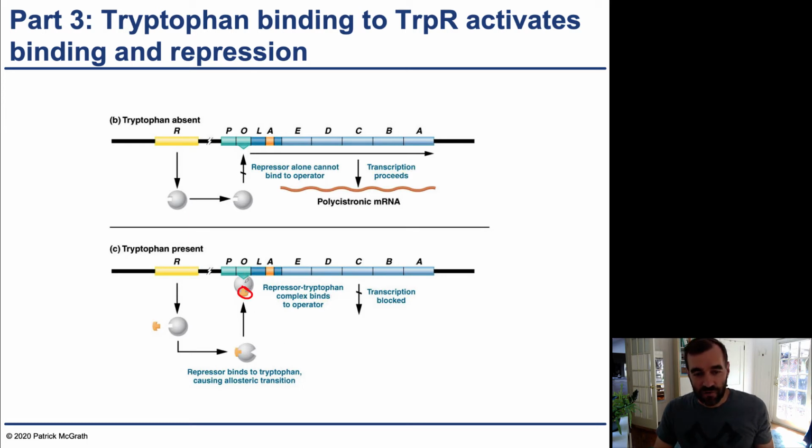In order for the repressor to bind to the operator site, the tryptophan must be around. And so when do you need these enzymes? You need these enzymes when tryptophan is not around. If tryptophan is not around, the repressor is unable to bind, and then you produce all of these different factors.